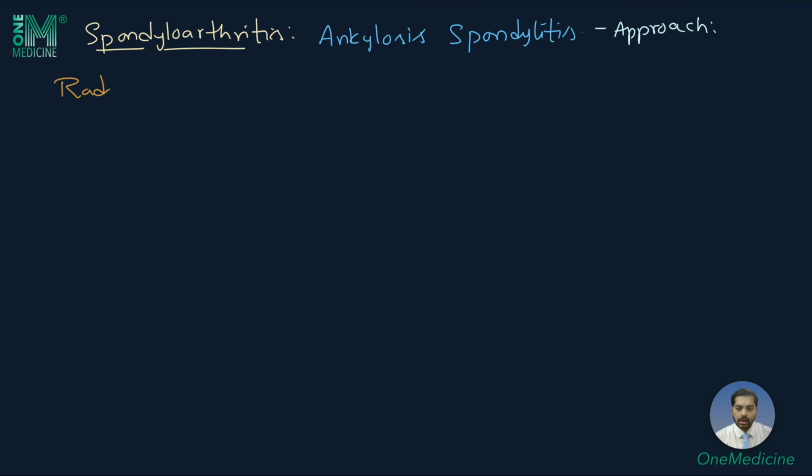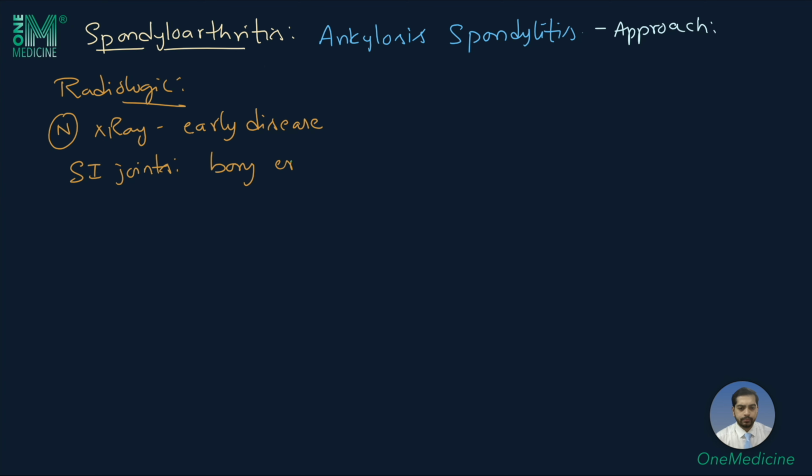In the radiologic examination, there can be a normal X-ray in early stages of the disease, but as the disease progresses, the sacroiliac joints may show bony erosions that are usually symmetrical, and it may lead to fibrosis and finally ankylosis.